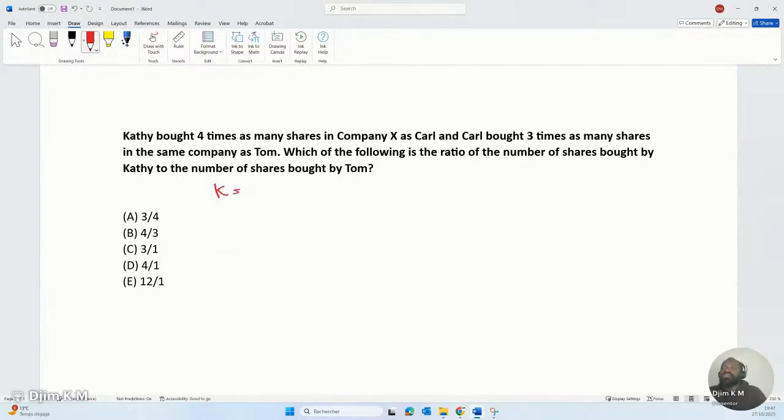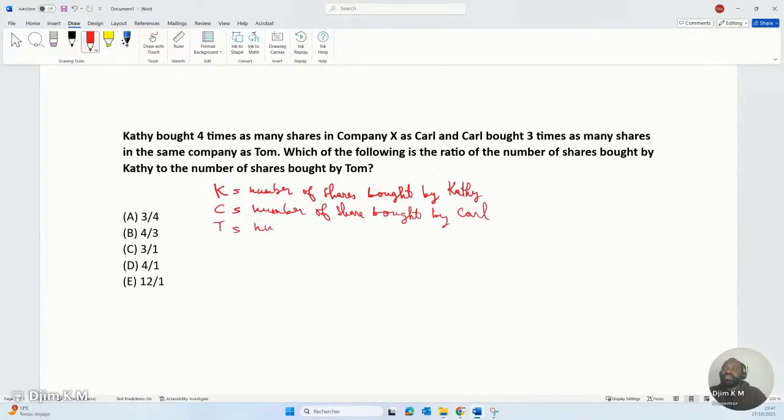So if we say K is equal to the number of shares bought by Cathy, and C is equal to the number of shares bought by Carl, and T is the number of shares bought by Tom.